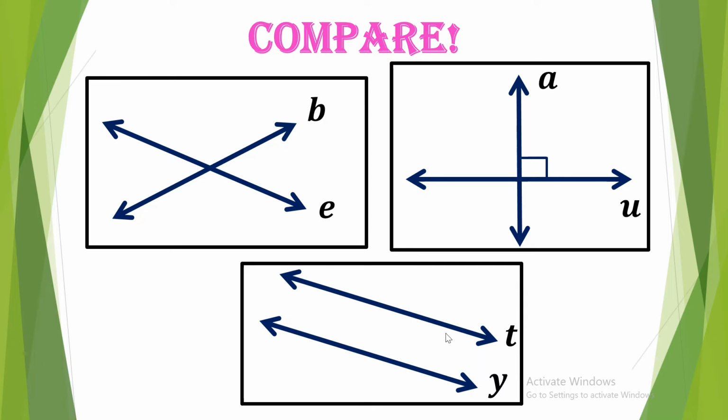Now, how about this third figure? Very good. They do not intersect. Now, these three figures here actually represent our first lesson in this video, which is the relationships among lines.